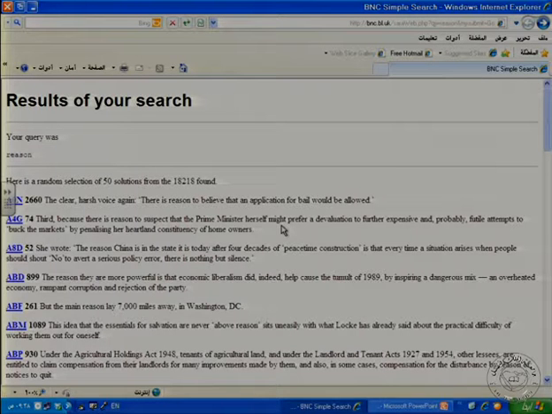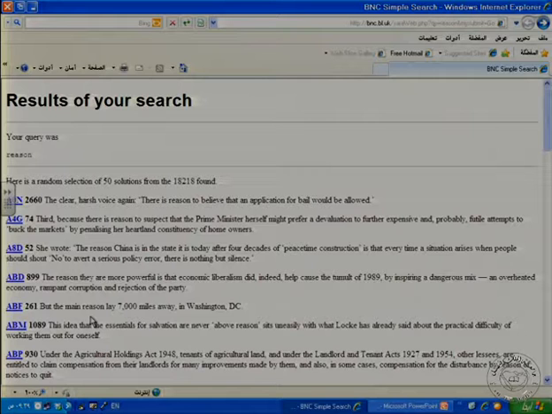So you start to get some feeling that this is a well-used structure of English. There is reason. There is reason. The reason China is the state it is today after 4 decades, the reason they are, again, the reason, another structure. But the main reason, so we have the main reason, a collocation.